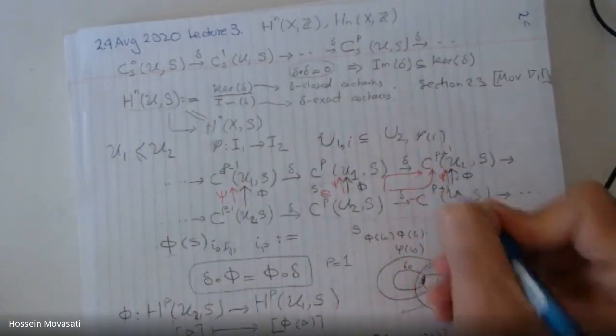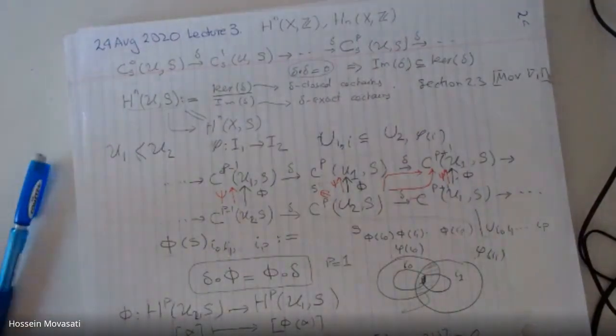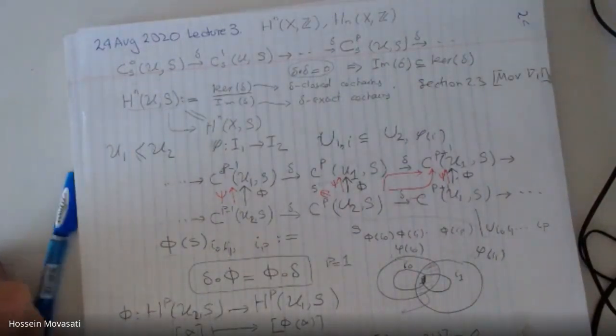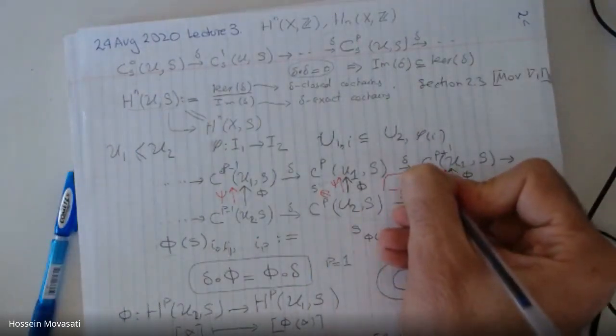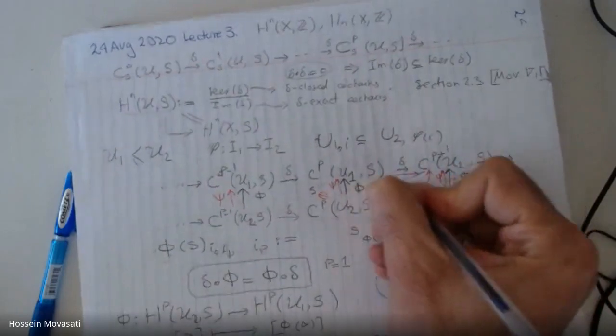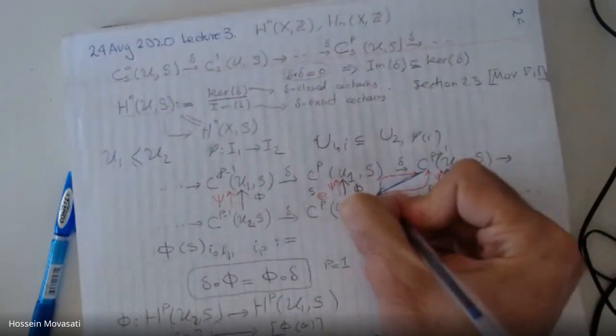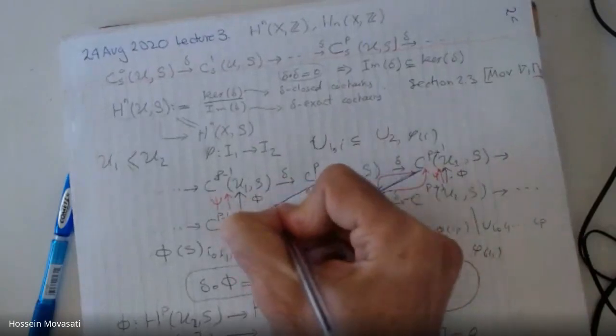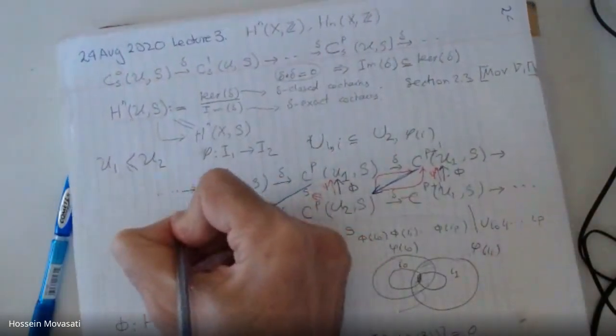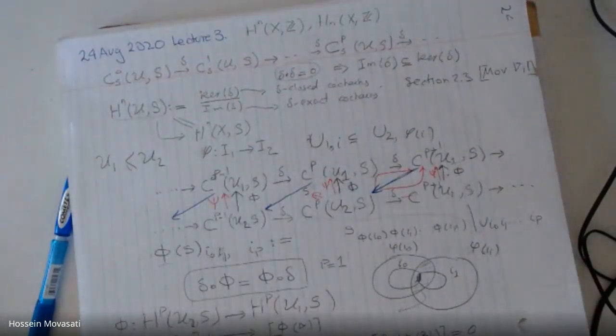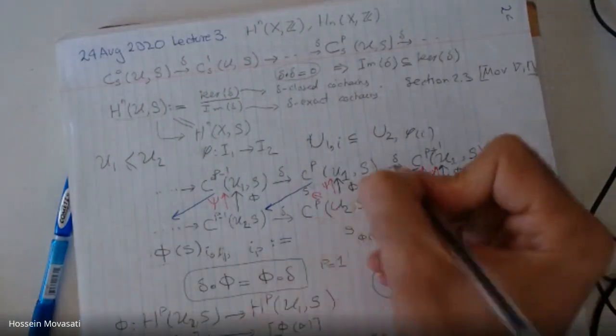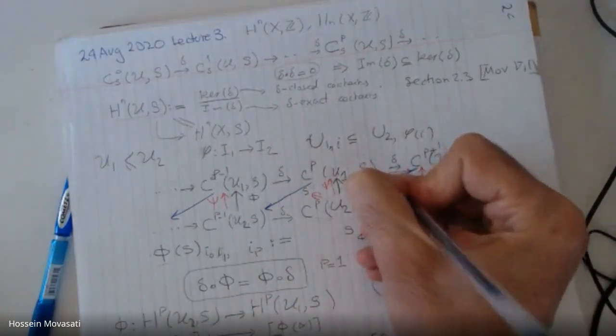So if I am able to construct maps from here to here, everywhere, let's call them H, standing for homotopy.